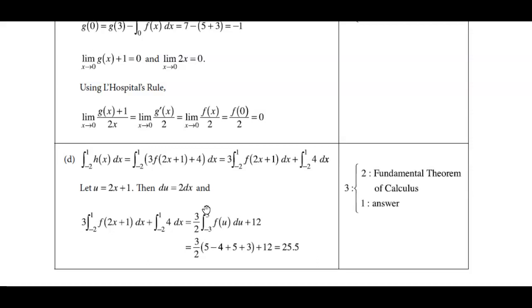And then when you change your bounds from -3 to 3, that actually gives you the area under the entire curve, so you add the pieces that are above and you subtract the pieces from down below.